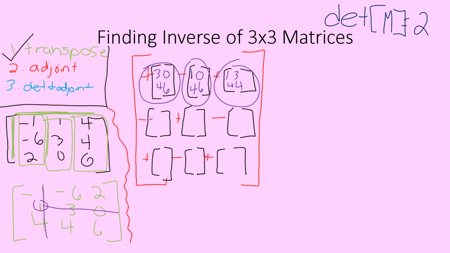We're going to get -6, 2, 4, 6. Then we're going to follow this exact same process all the way throughout the matrix. -1, 2, 4, 6.